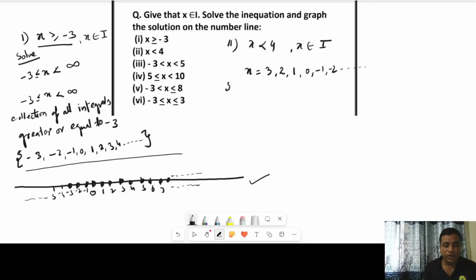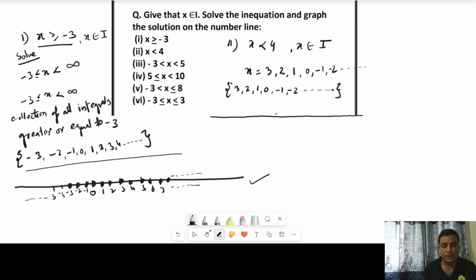In set form, you can write it as 3, 2, 1, 0, minus 1, minus 2, and so on. It is your solution set. Now, if you want to represent it on a number line, first you should draw a number line. Let this be 0, 1, 2, 3, 4, and so on, and left of 0, minus 1, minus 2, minus 3, minus 4, minus 5, and so on.